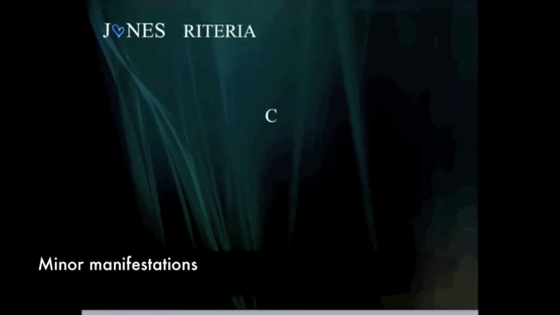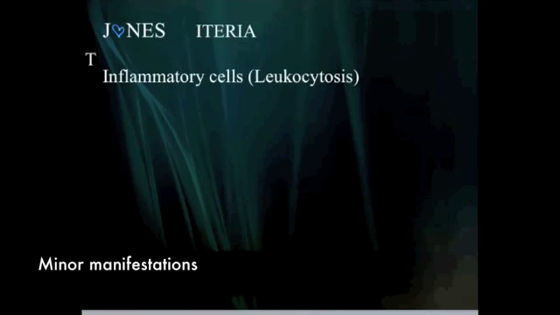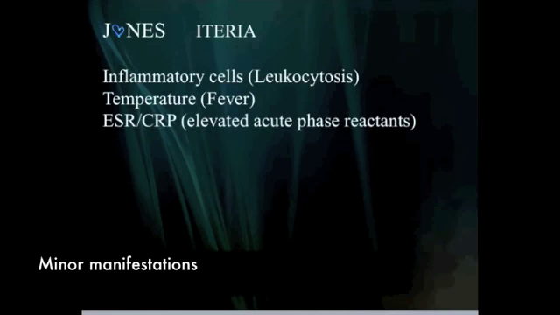Now, the minor criteria, we use the word criteria, but we throw out the C, we throw out the R. And we begin with the letter I, which stands for inflammatory cells or leukocytosis. Sometimes this is left out of the minor criteria, but I decided to just include it to let you know. The T is for temperature, fever. E is ESR and CRP, the acute phase reactants.